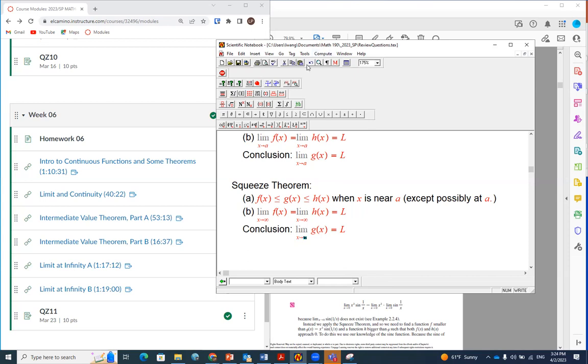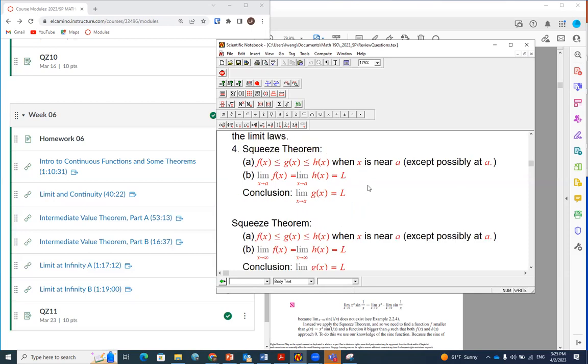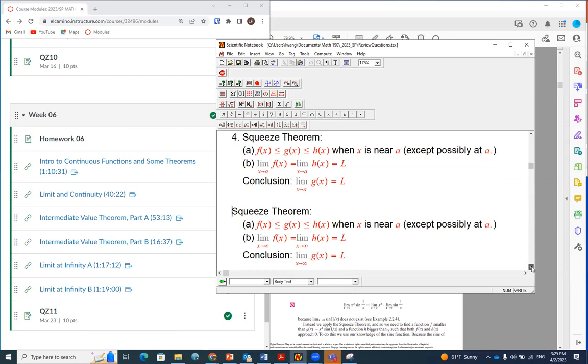That will also make a squeeze theorem. I went over these examples in one of the limits at infinity lessons. You can see those examples, where I use the squeeze theorem to find the limit. So there are two versions of the squeeze theorem.